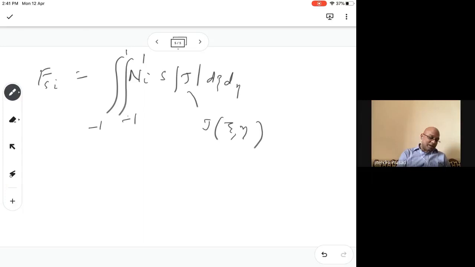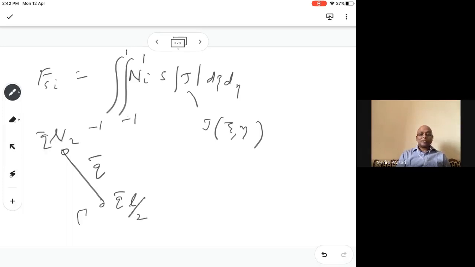So if it is a constant, then it will simply be Q bar length divided by 2 here, and Q bar length divided by 2 here, simply, right? So as you have done in the 1D case.